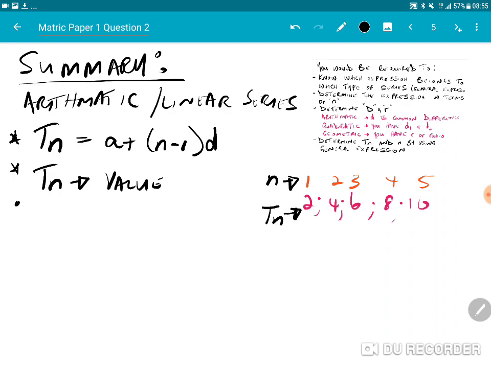So Tn is the value, and N is the position.